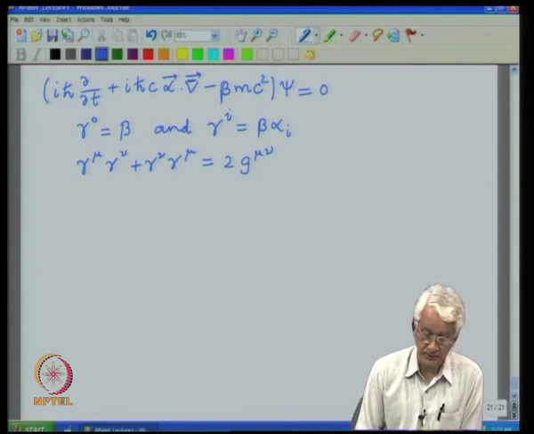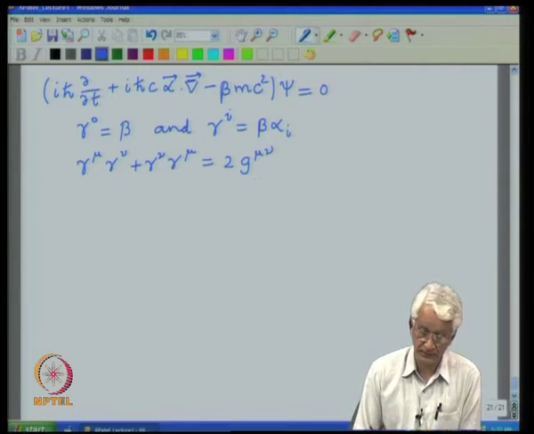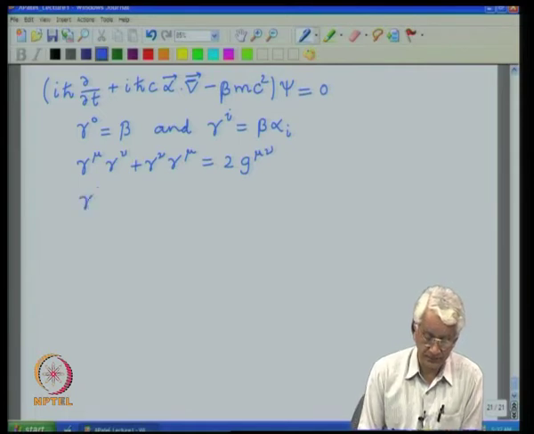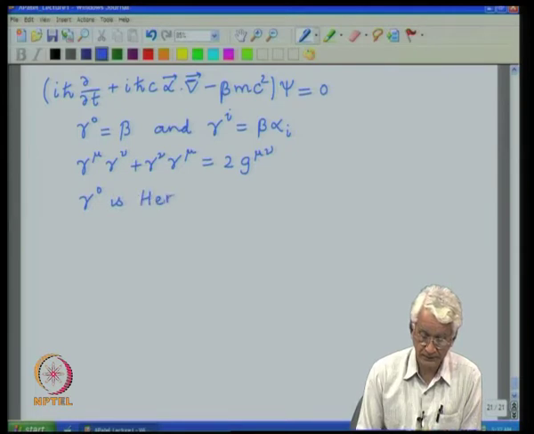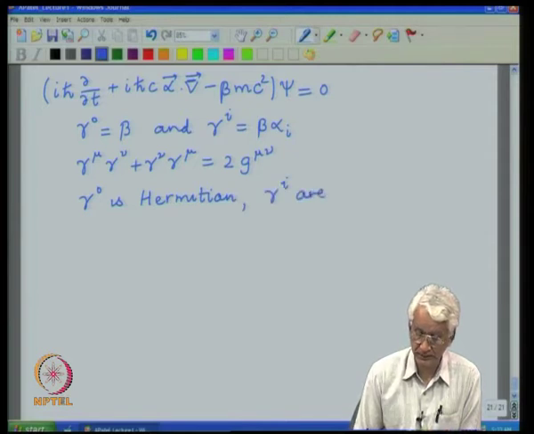And also simultaneously we can see that because of the anti-commutation rules of beta and alpha, the gammas will also have slightly different properties. In particular, gamma 0 is Hermitian, while gamma I are anti-Hermitian.